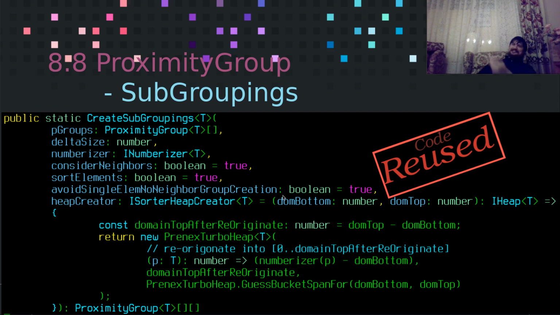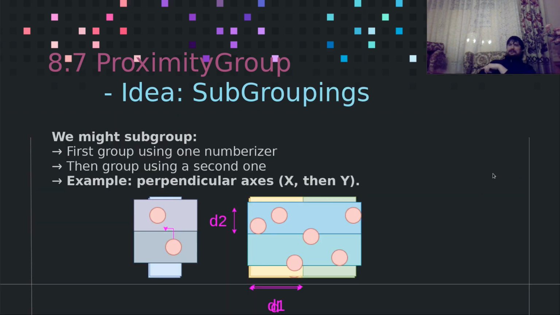I want to stop here a little bit because this is fancy. What are single elements, no neighbor groups? I go back to this picture. Let's imagine that on the left side of the picture where there are two dots, there is only one, and you want to calculate some collision or something based on proximity, because this is all about proximity.